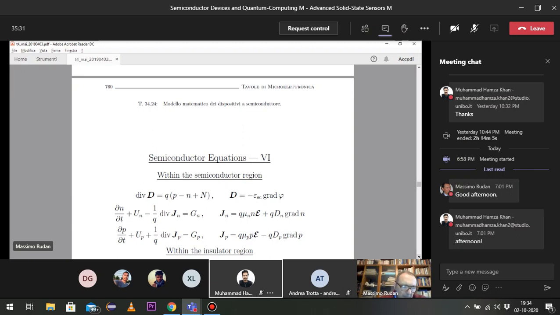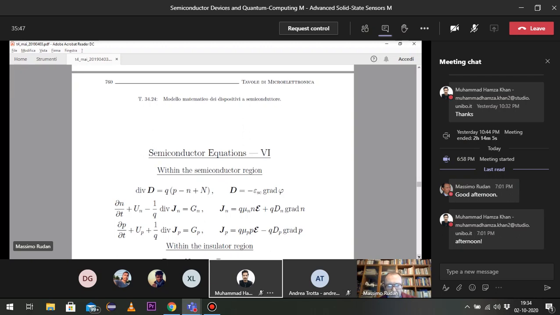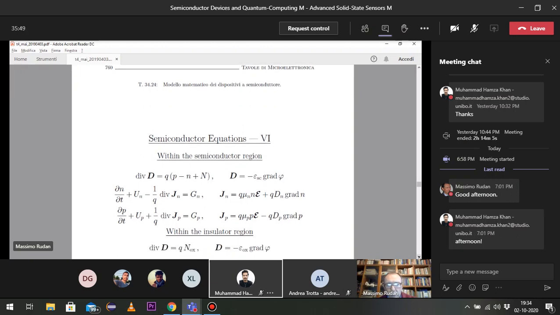It may happen that a device also has portions of the volume that are made of an insulator. So the model in the insulator simplifies because we may have a fixed charge in the insulator. Sometimes it is built up on purpose.